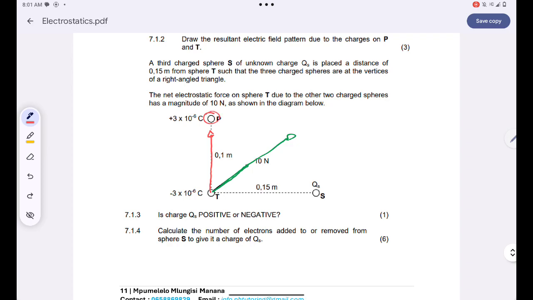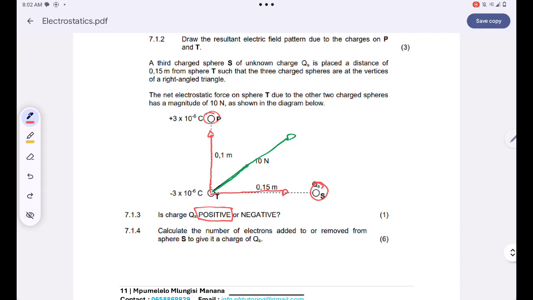And then for us to have an F net which goes in that direction, it simply means that this charge here was pulling T in that direction. And the only way that this charge can pull T in that direction is if the charge on that sphere is positive, because it will attract sphere T. Remember that, guys, opposite charges will always attract one another.